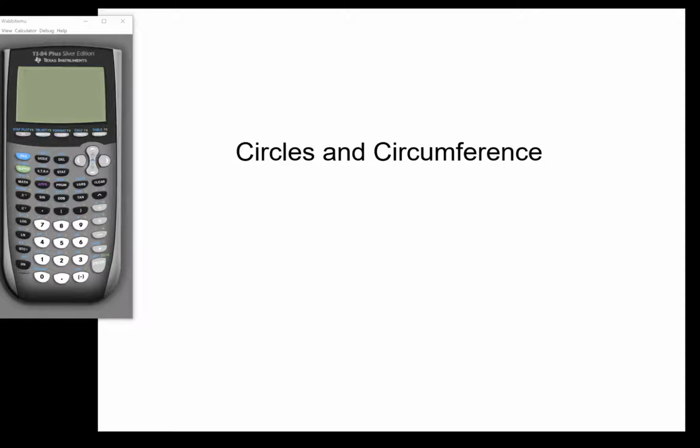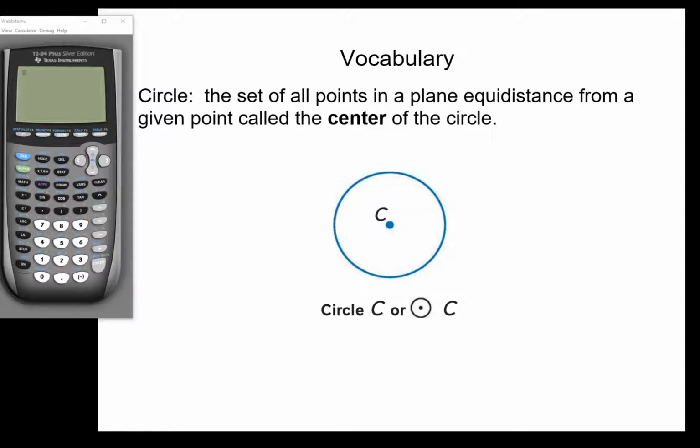All right, so let's go ahead and go along here. First off, vocabulary at the very top. A circle is the set of all points in a plane equidistant from a point called the center. So what that means is right here, point C is the center of our circle, and the distance from C to the outside edge of the circle is going to be our radius.